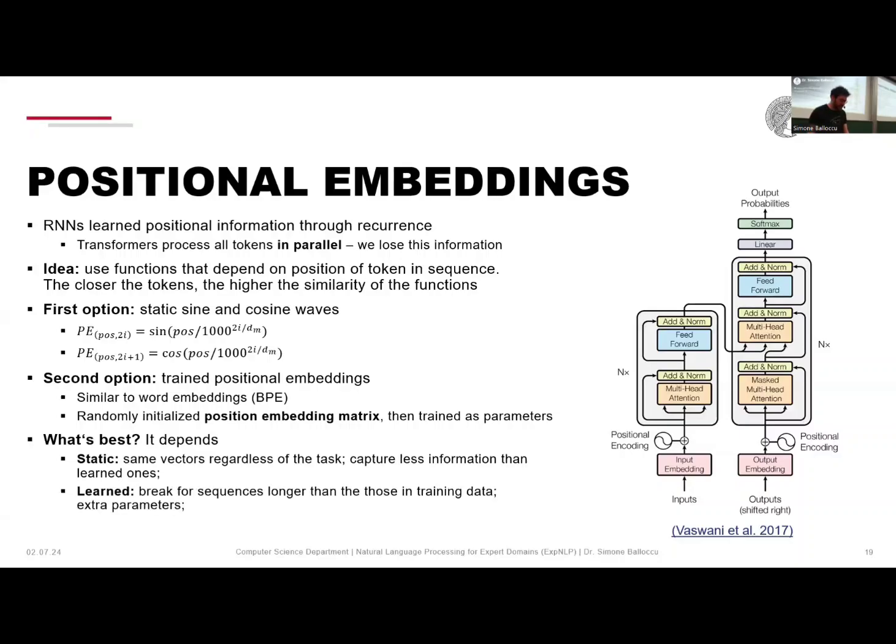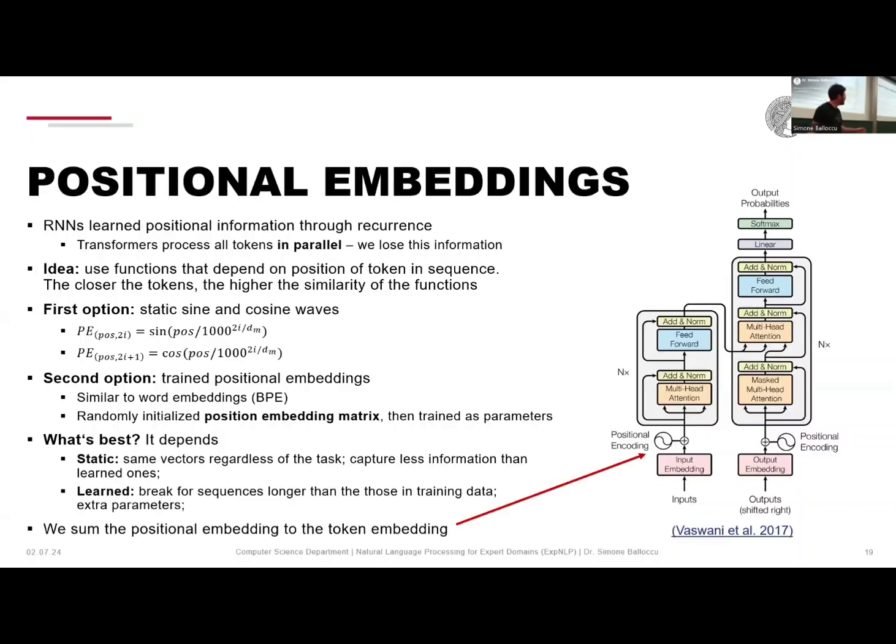The learned ones break for sequences longer than those seen in training. If you're learning a matrix of embeddings which goes up to 700 words, the moment you get 701 words, it breaks. So you either need to retrain the model or add fake embeddings, which definitely doesn't work better. And it has extra parameters.